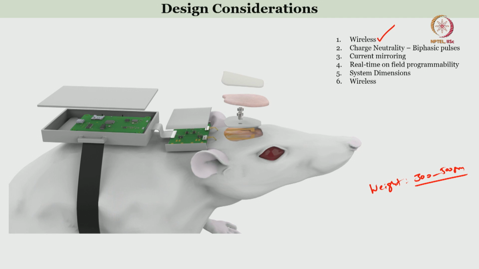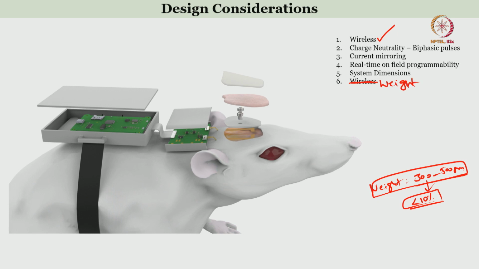The second thing is charge neutrality. Of course, we will talk about weight as well. I somehow skipped this point, but the weight should be less than 10% of the total body weight of the rat, that would be ideal. So the rat will not feel an overload on the body, which should not harm the experimental outcome, right. I think the sixth point is the weight.